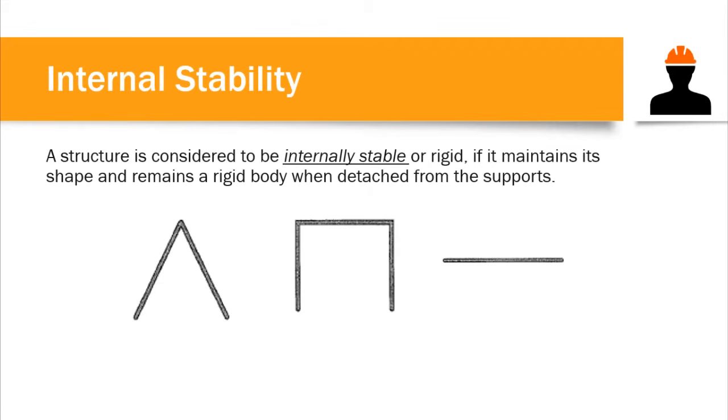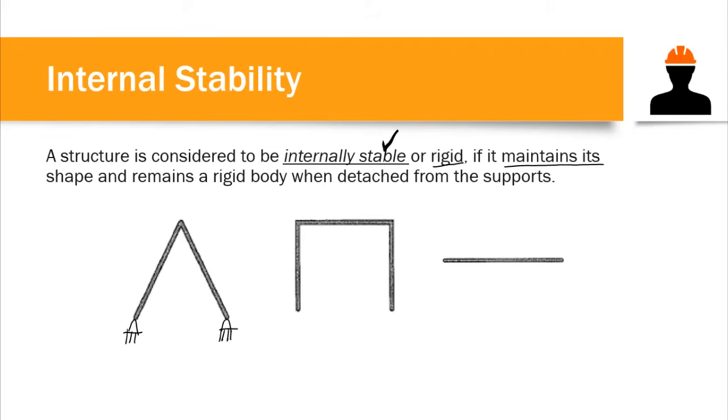Now we also have internal stability. A structure is considered to be internally stable, that is rigid, if it maintains its shape and remains a rigid body when detached from the support. Let's say we have a hinge support here.